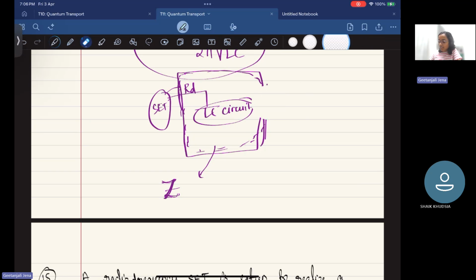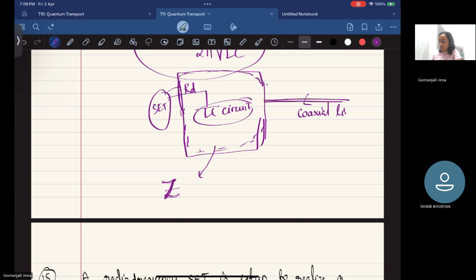Now we are sending a signal to this coaxial line, which has an impedance Z0. So you have an impedance Z of SCT combined with the tank circuit, and the coaxial line where you are sending the RF frequency also has some impedance.